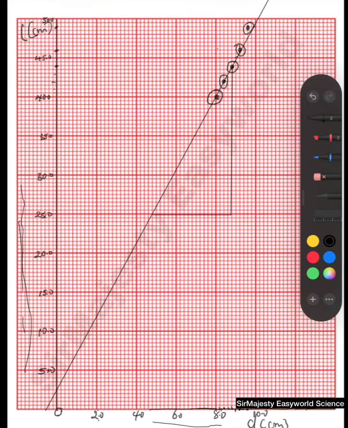Now your slope S is equal to change in L over change in D. The highest I have here is 44. This is equal to 44 minus 25 over 8 points.